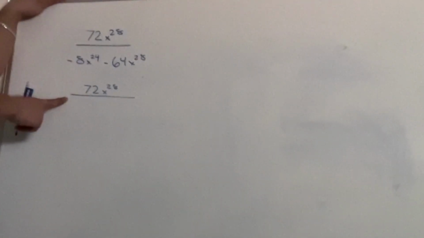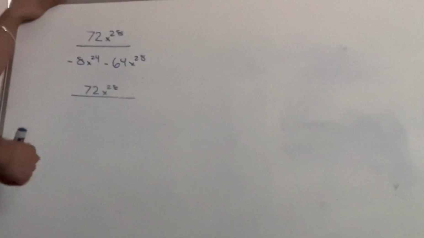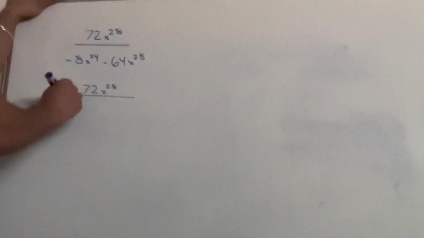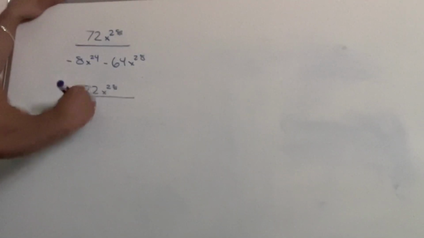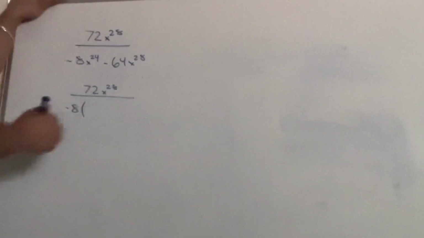For this one, I'm just going to factor out the 8 already. So I'm going to factor out a negative 8, just to make it look nicer. You don't have to do it, but I think it looks nicer.